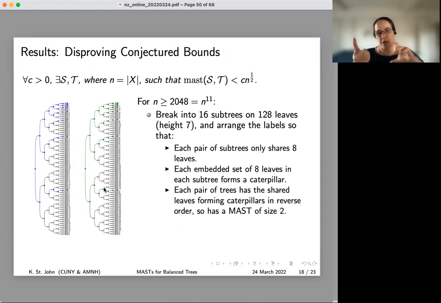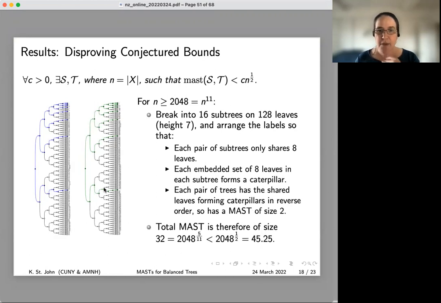As I said, there's a caterpillar going one way and a caterpillar going the other way, so that they have almost no overlap. And we end up with a mast of size 32 from this construction, when we should have had 45 if the conjecture had held.